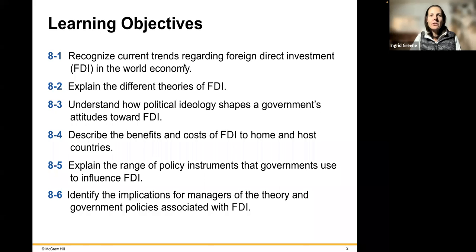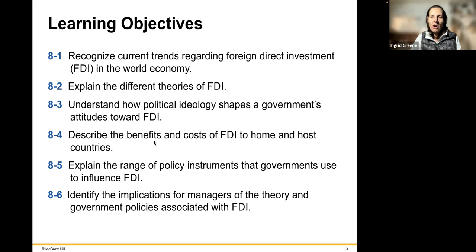First, we're going to recognize current trends regarding foreign direct investment, otherwise known as FDI. So what are the trends that are going on today? We're going to explain the different theories of FDI, understand how political ideology shapes the government's attitudes. Does the government actually want FDI or not?